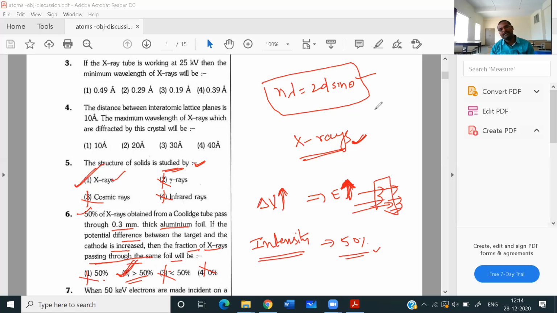We heat the filament so that electrons can be produced. If more current passes through it, more heat energy is produced, and more heat energy means more electrons can eject out. This is a different point. They are asking how many X-rays can pass through that thick foil. More than 50%, because their energy is increasing with increasing potential difference.